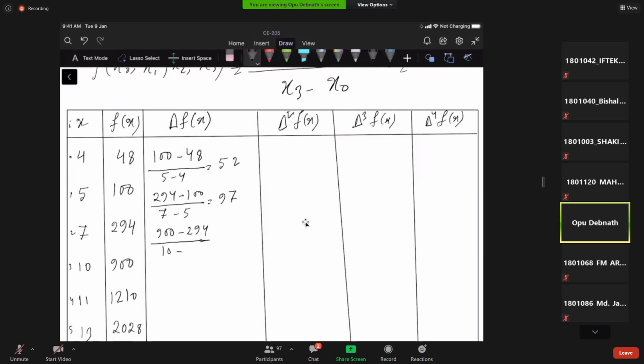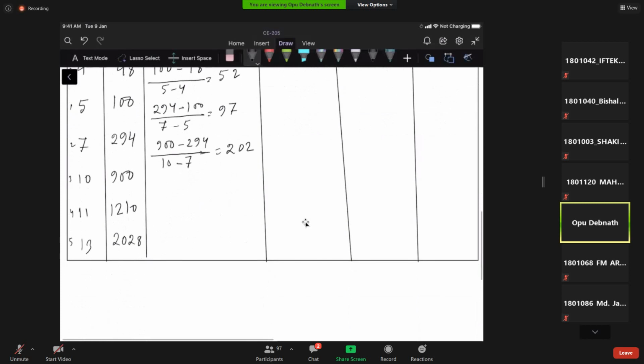The problems are very easy, only some mathematical operations, and this will give you 202. And next one, 1210 minus 900 divided by 11 minus 10, so you will find 310.